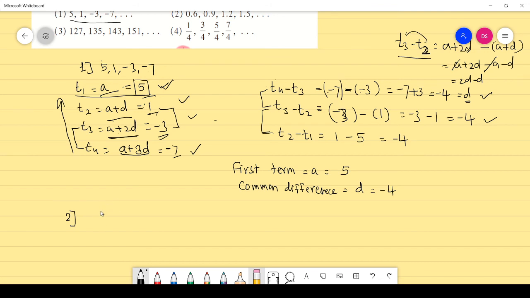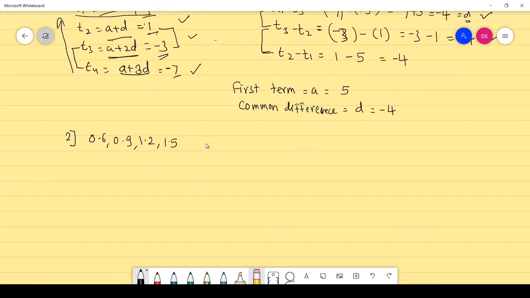Okay, so what is the second example? That is 0.6. What is that? The AP is 0.6, 0.9, 1.2, and 1.5. So what to do? Just mention T1 is equal to A, because this is the first term, this is the second term, this is the third term, this is the fourth term.